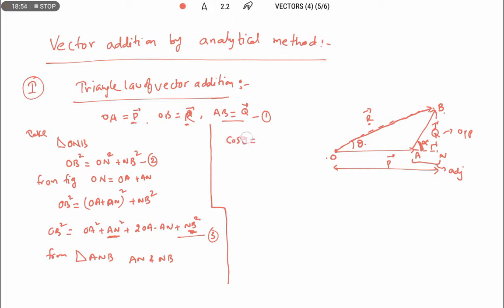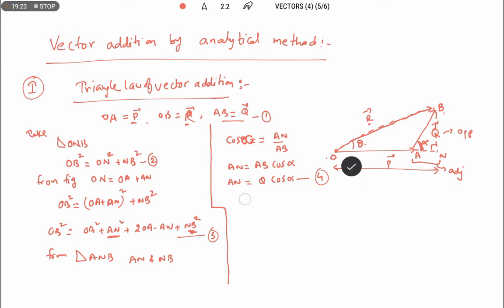So cos alpha, what can we write? Adjacent by hypotenuse, AN by AB. Therefore we got the AN value as AB cos alpha. So AB is nothing but Q. Q cos alpha equals AN. This is number 4.